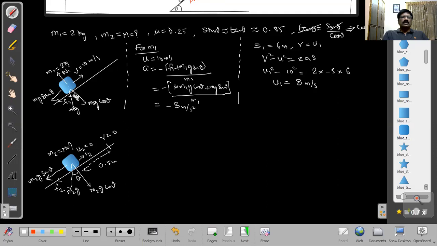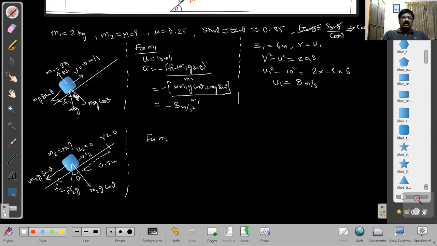So we have to now see, in case of the second block, the velocity whenever it starts motion in the upward direction along the inclined plane, that is equal to u for m2.